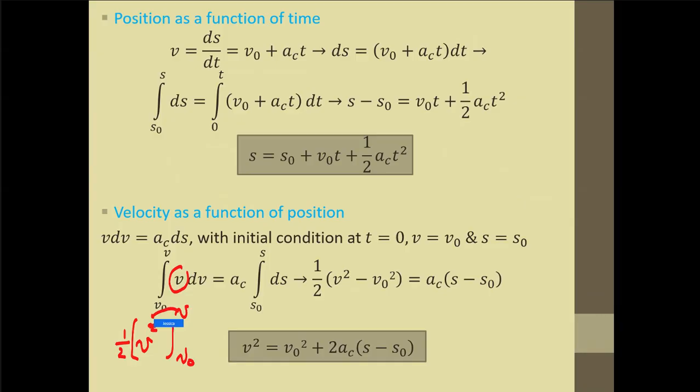Plug in v, and we subtract v0 squared. On the right-hand side, the 1 is recognized. The antiderivative of 1 with respect to s is simply s. Evaluate from s0 to s: plug in the upper limit, subtract the lower limit value, s minus s of 0. So rearrange the equation and we end up with this.